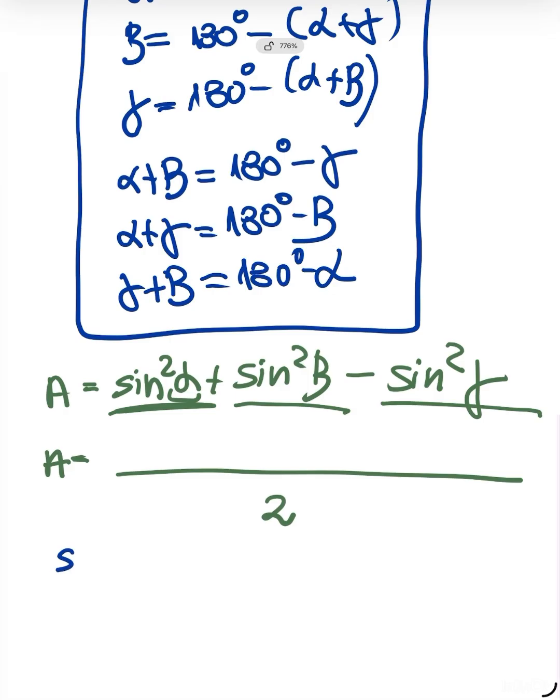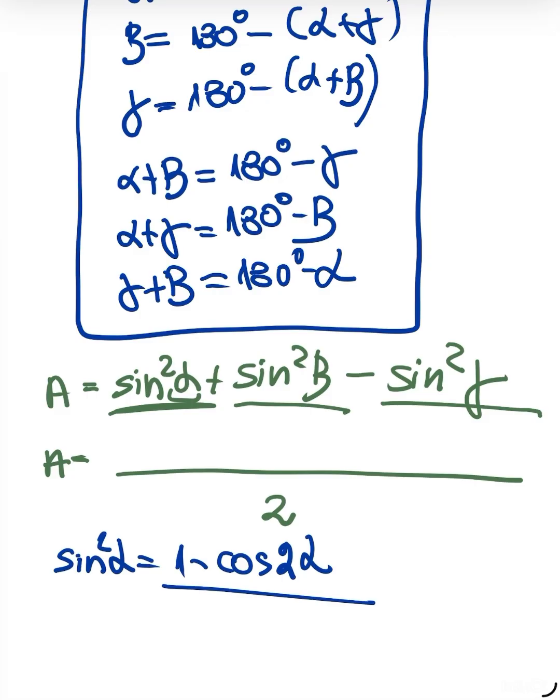You know that sine squared alpha is equal to 1 minus cosine 2 alpha, divided by 2. We have this divided by 2, so we have only 1 minus cosine 2 times alpha, and we put it in brackets.